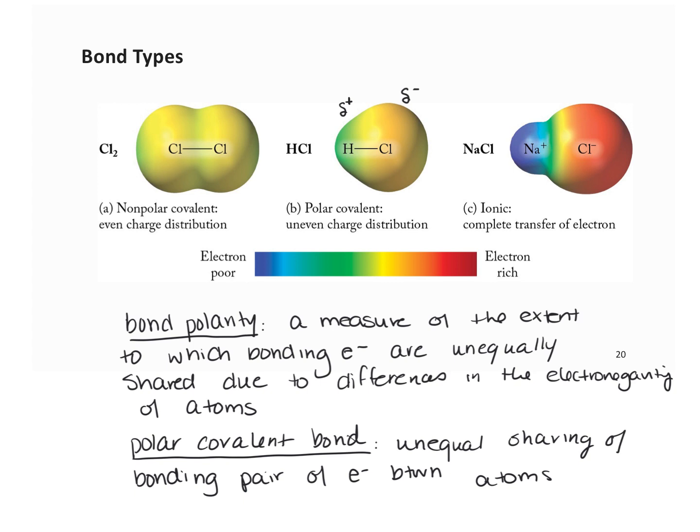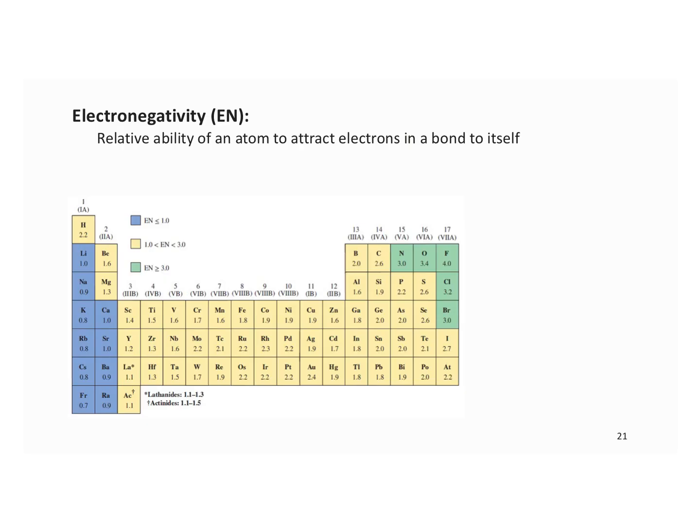So how do we figure out if things are nonpolar covalent or polar covalent? And why is it important? Well, it's important because it helps us predict properties, and we are going to rely on using this to predict properties in future chapters. The way we identify it is by using a periodic trend called electronegativity. Electronegativity is the ability of an atom to attract electrons in a bond to itself.